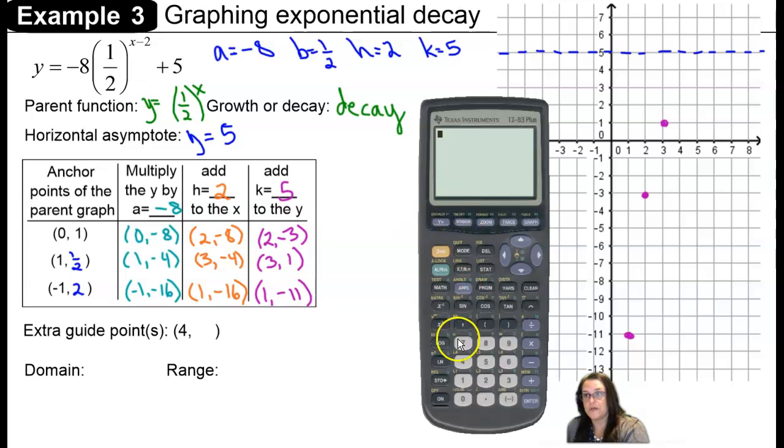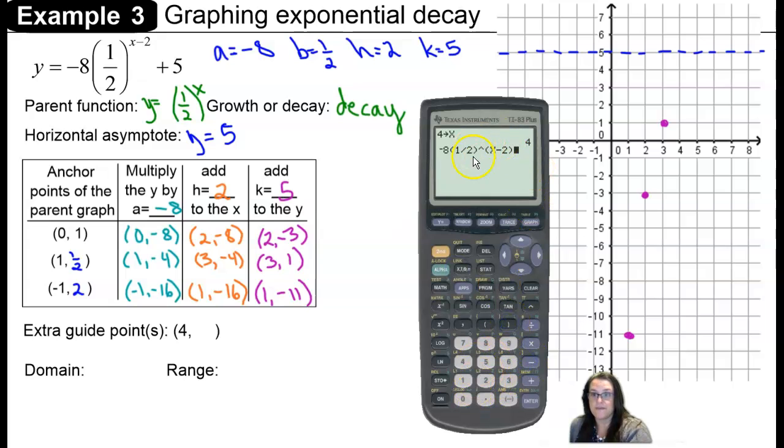In the home screen here, we can store our x value. So 4, store x, enter. And then I can type my exponential function just like I see it. So -8, parentheses 1/2, close the parentheses, then the exponent key, and this exponent is a quantity grouped together, so we're going to need parentheses around that exponent, x minus 2.